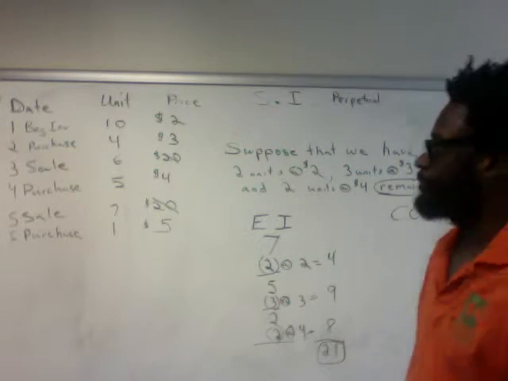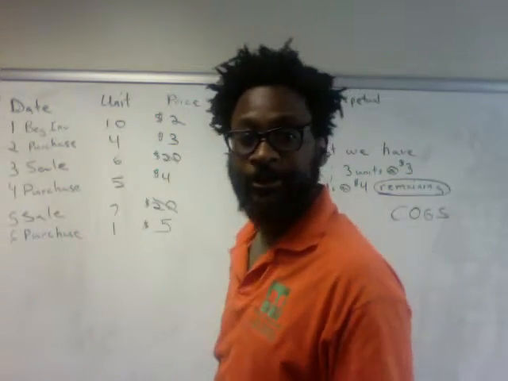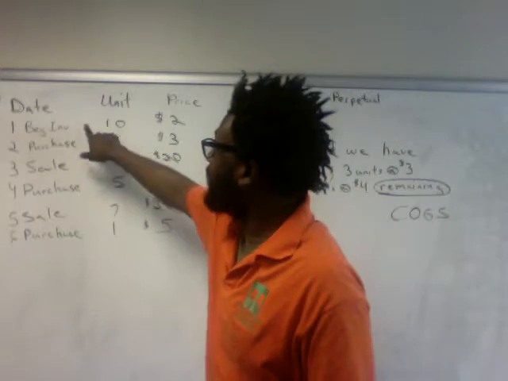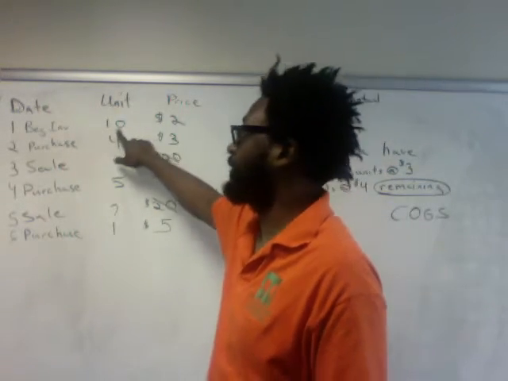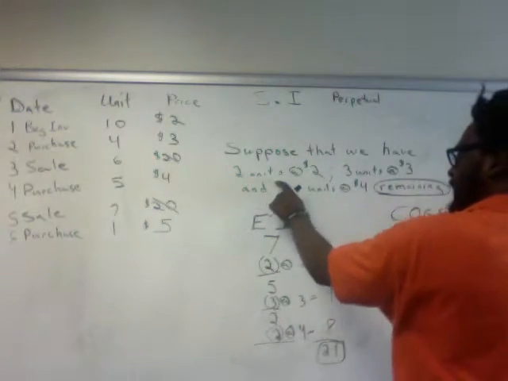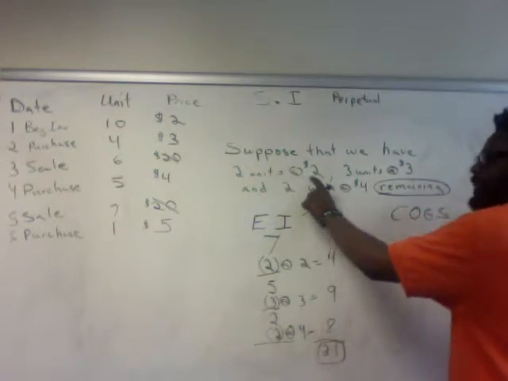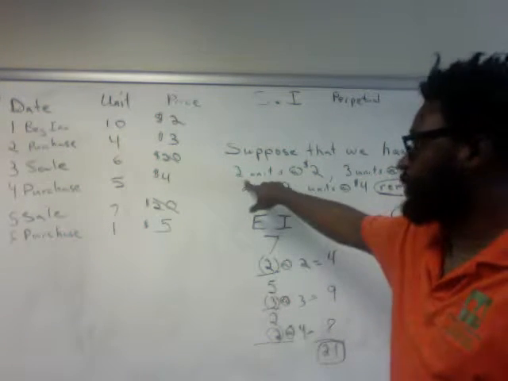Okay? So, we're going to just start down the row, straight in order. So, beginning inventory. How many units did we originally have that cost us $2? 10, right? But based on this given information, how many units do we have left that cost us $2? 2.